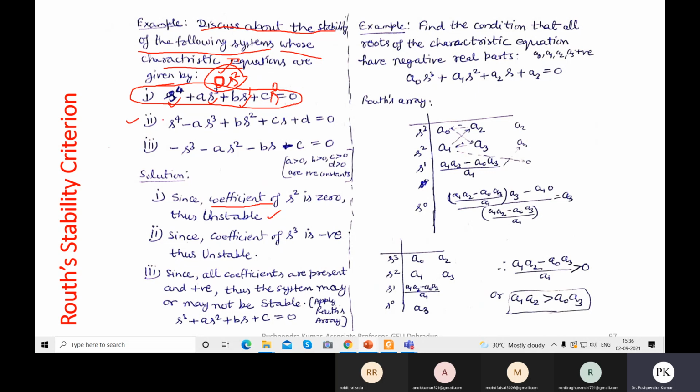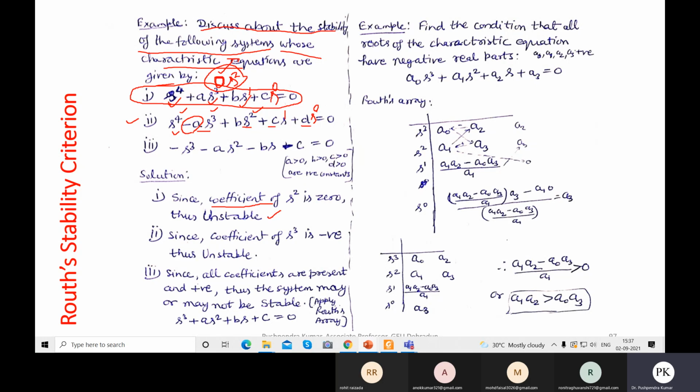Similarly, for the second case, if you see s^4 - a s^3 - b s^2 + c s + d, all powers are present: s^4, s^3, s^2, s^1, and s^0. All coefficients are present, but this coefficient is negative.